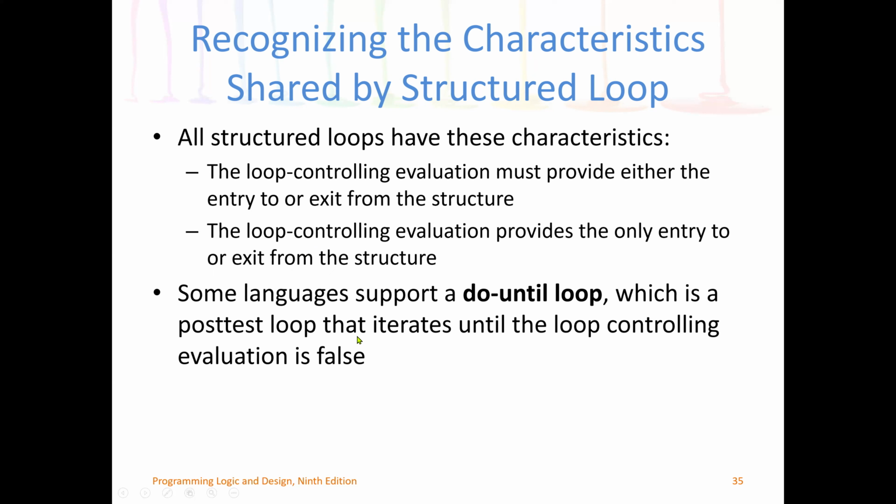Some languages support what we call the do until loop. The do until loop is supported by Visual Basic. In Java, I think, Visual Basic and C Sharp, I'm not sure, but in Java there's no do until loop. It is a post-test loop that iterates until the loop control evaluation is false.